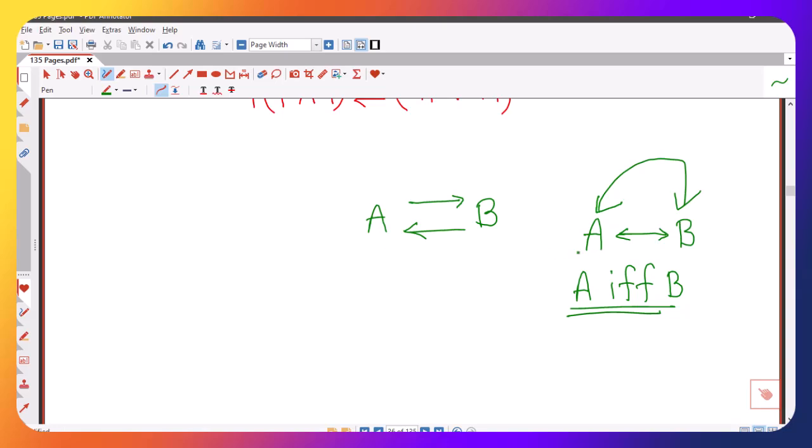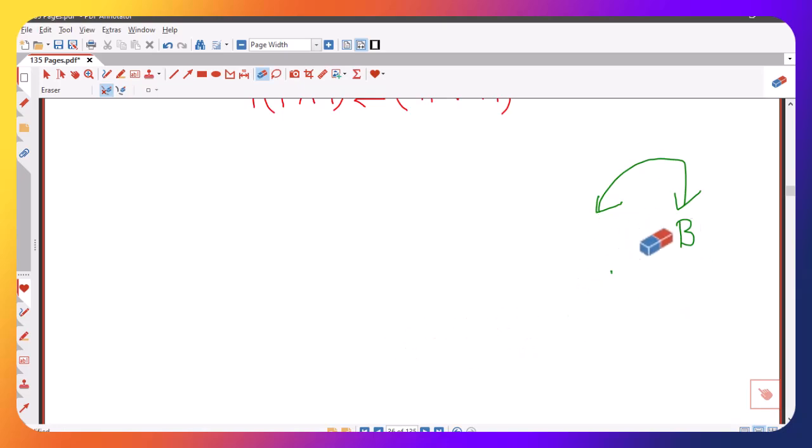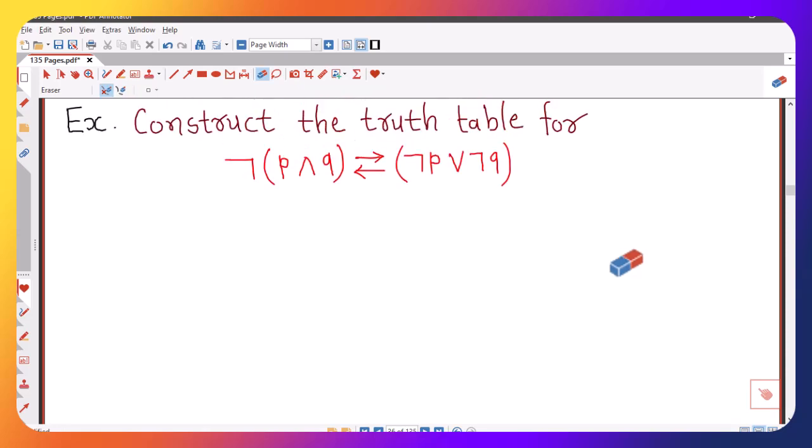That is, if A and B are true, then the biconditional is true. If A and B are false, then also the biconditional statement is true. So remember, a biconditional statement has truth value T in the case that both the statements have identical truth values, either both are true or both are false.